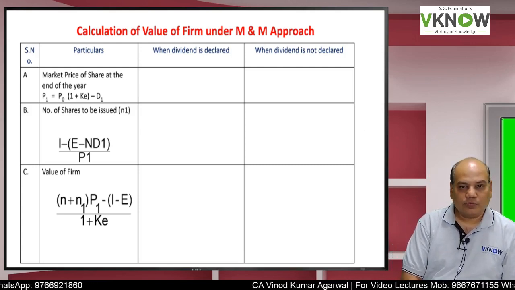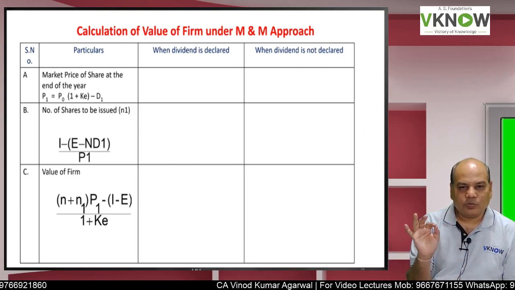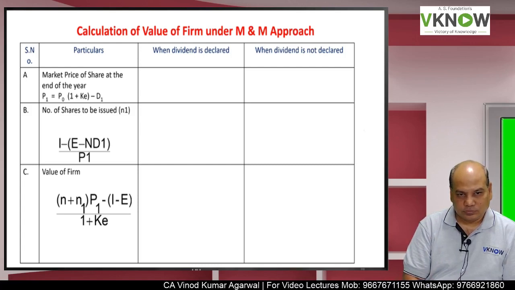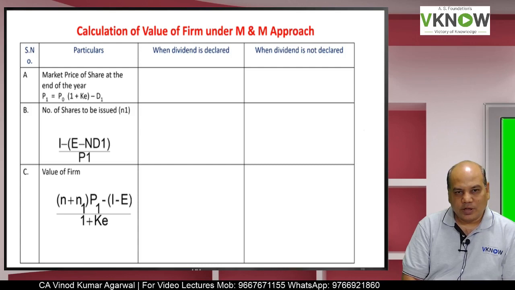The M approach says the value of the firm will remain constant irrespective of the dividend payout. And they have given you 3 formulas to prove their point. So we will find in the answer ultimately the 2 columns will give you the same answer, whether dividend is paid or whether dividends are not paid.